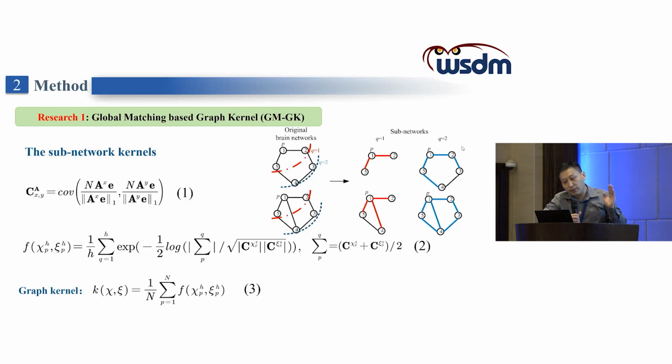We are measuring the similarity between each set of neighbors: 1 degree neighbors compared with 1 degree neighbors on the other side, 2 degree with 2 degree on the other side. This compares the similarity between two corresponding regions. Then we average all the regions together, and it becomes the kernel between chi and xi. That is equation 3. So this is the first measure.